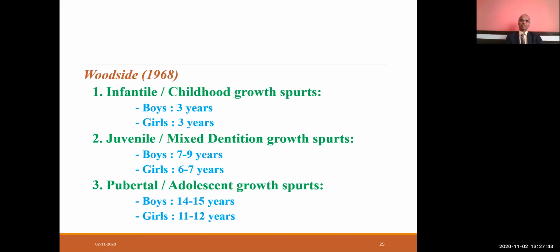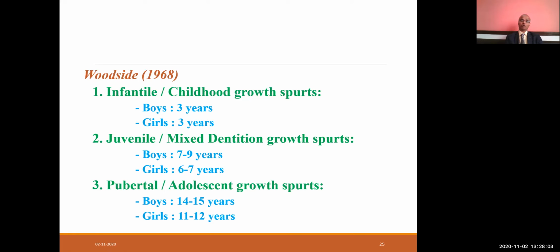Whereas juvenile and mixed dentition growth spurt in boys is at the age of 7 to 9 years and in girls 6 to 7 years. And pubertal or adolescent growth spurt in boys occurs at 14 to 15 years and in girls, it occurs at 11 to 12 years.